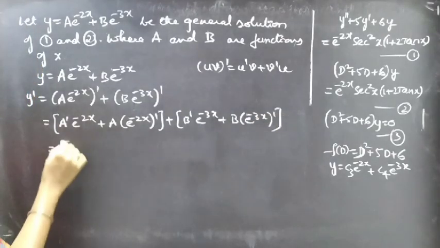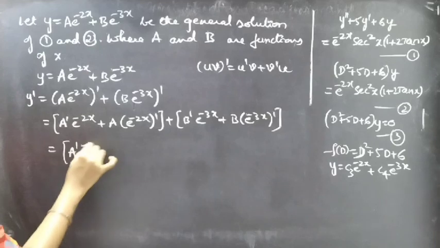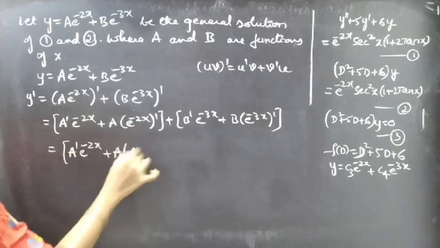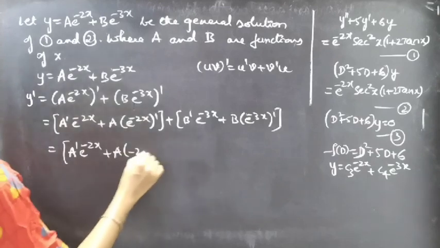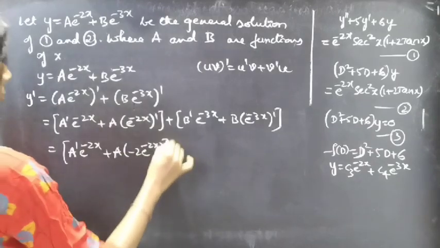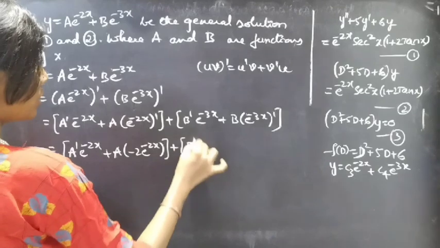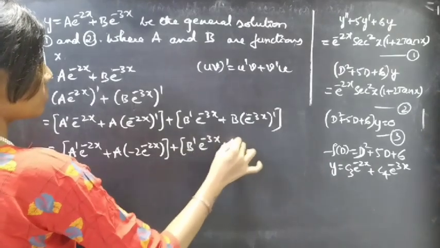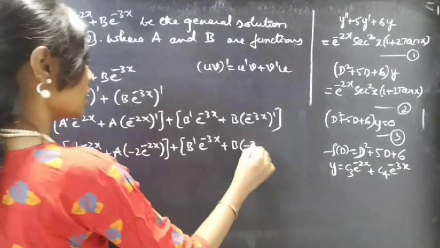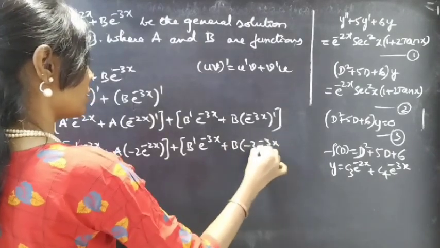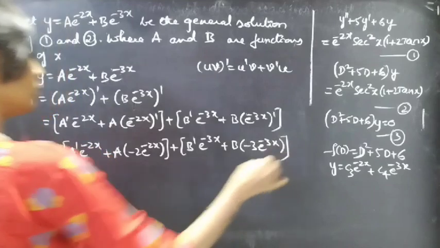This gives us a dash e power minus 2x plus a times the derivative of e power minus 2x with respect to x, which is minus 2 e power minus 2x, plus b dash e power minus 3x plus b times the derivative of e power minus 3x with respect to x, which is minus 3 e power minus 3x, right?